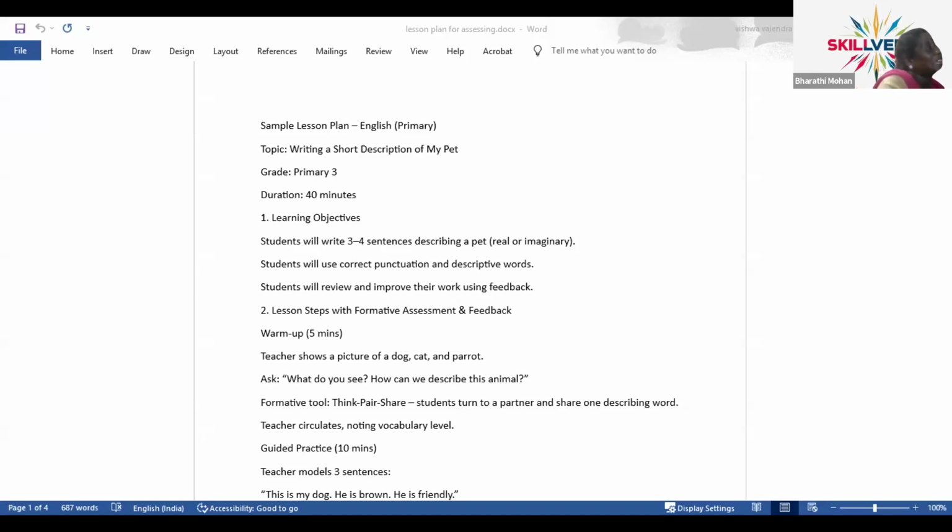So when C joins with A, it gives you the sound K. C joins with U, it gives you the sound K. Cut, cat, cot. But if I want the sound K with E or I, C and E don't get along, C and I don't get along. So if I want kit, I need to write K, because K is the friend of I. K is a friend of E. So that time we use those words.